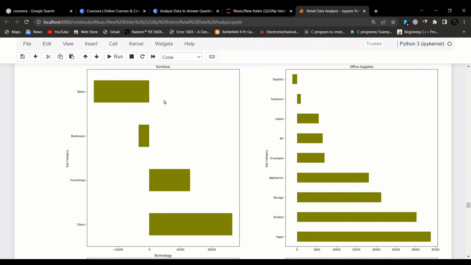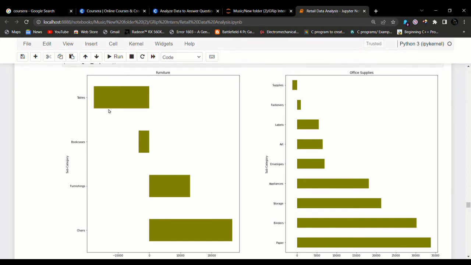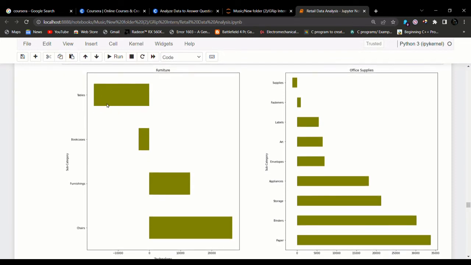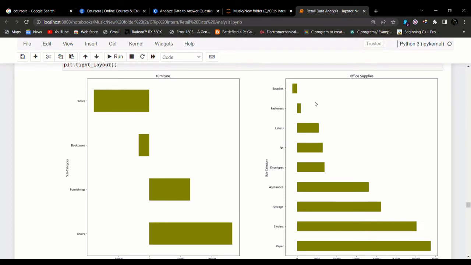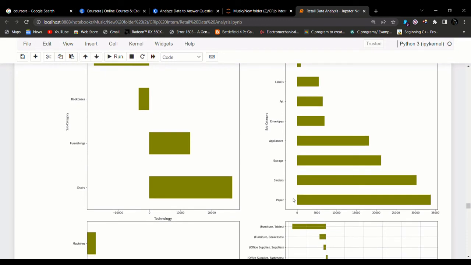In furniture, we can say that tables have the lowest profit, that is, we have suffered huge losses in tables. In office supplies, we have also taken some losses in supplies and good profit in papers.